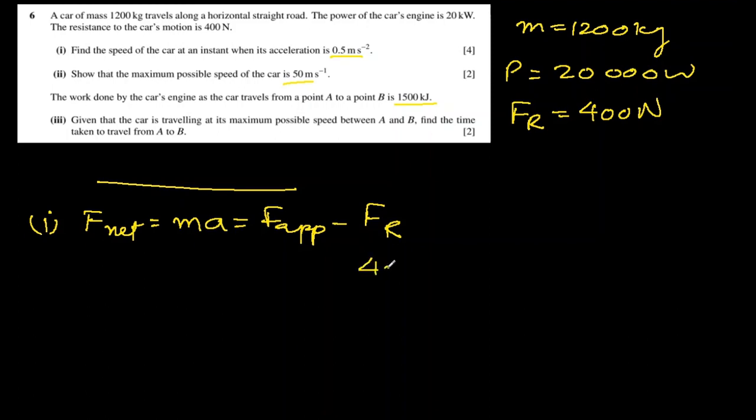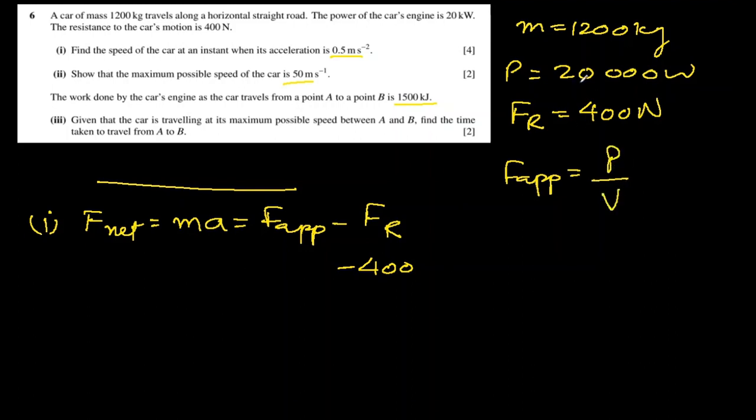All right. So we know that net force is mass times acceleration, which is equal to applied force minus resistive force. What do we know in this case? Resistive force, yes, 400 newtons. Applied force, not yet, but we know that applied force is always power divided by speed.